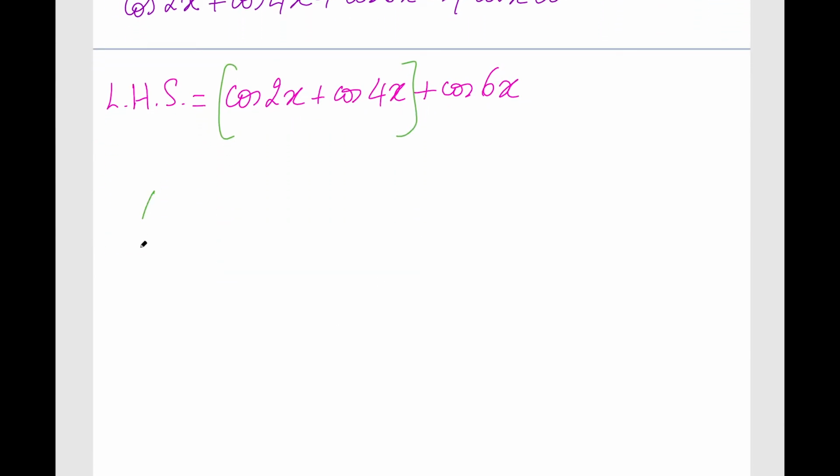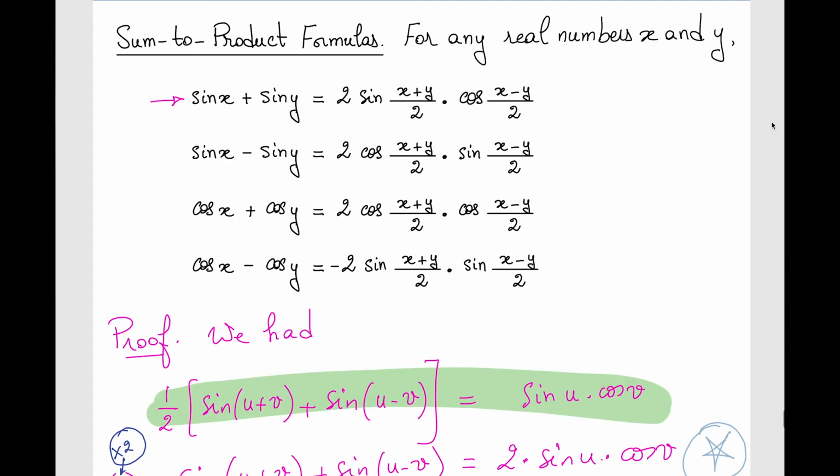I'm using the formula that allows me to add cosine of theta plus cosine of phi. Okay, this is the Greek letter phi. So cosine theta plus cosine phi, if we go back to that thing, I'm talking about this, right?